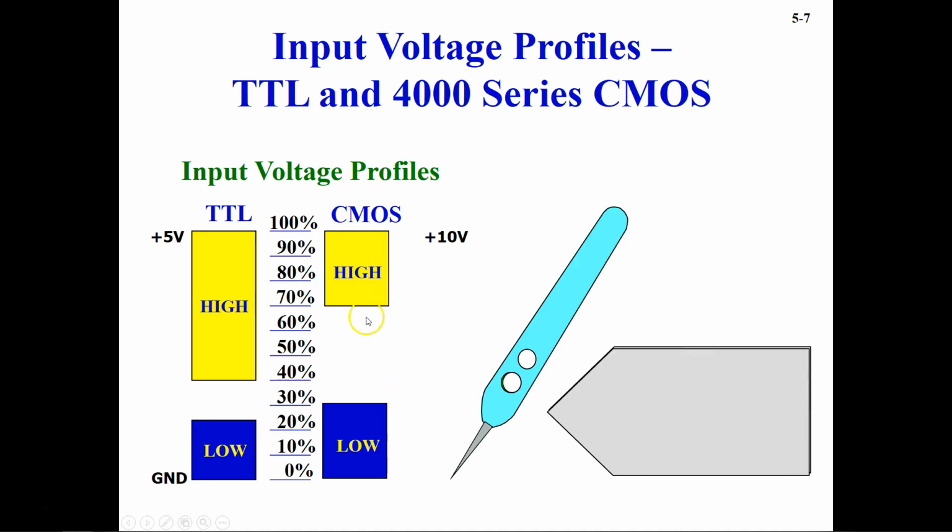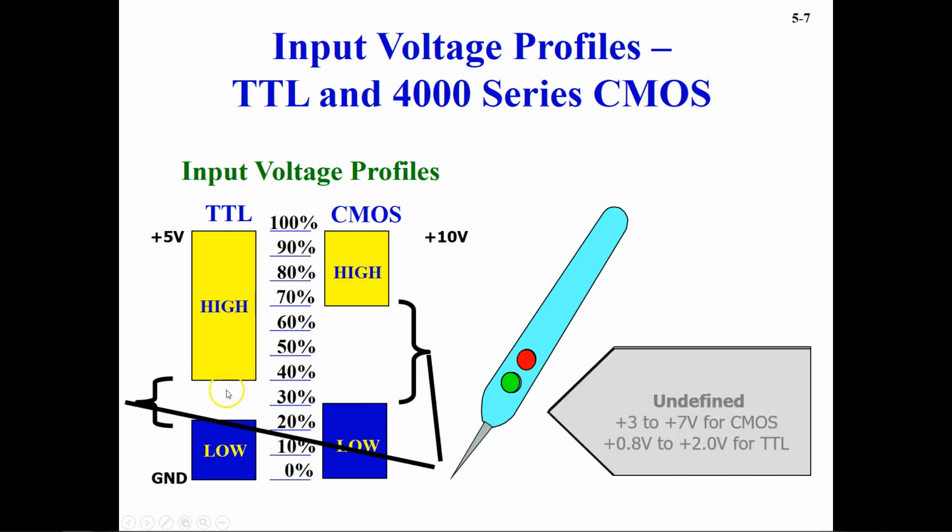Anything between low and high is going to be your undefined. You see this region and then this region, which for CMOS is from 3 volts to 7 volts, and for TTL it's 0.8 to 2 volts. Anything between these two ranges is undefined, and that's what you can see here.